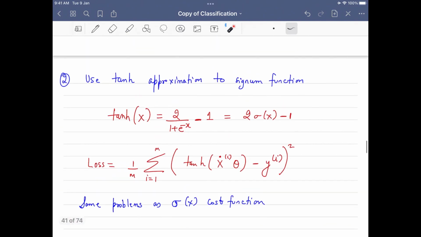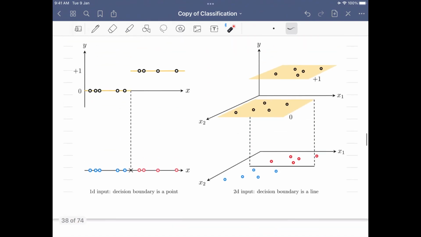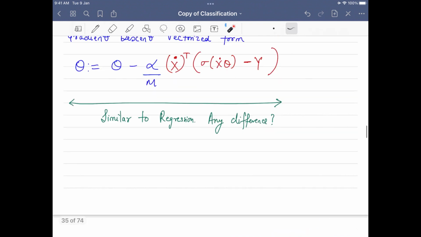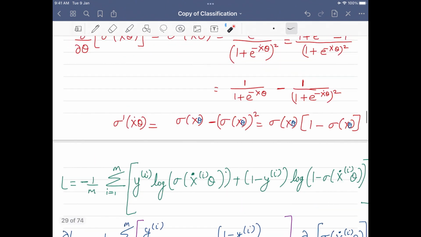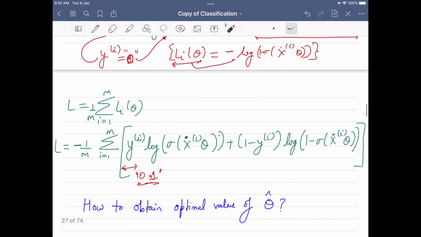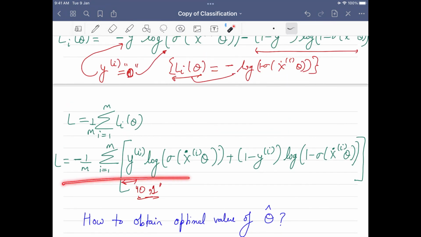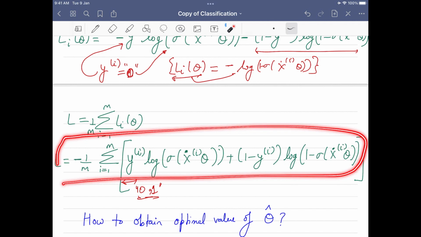In the earlier case, this particular loss function which we defined here is actually valid only for labels that are either 0 or 1. You cannot use it for any arbitrary labels.